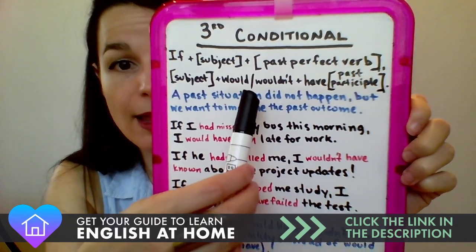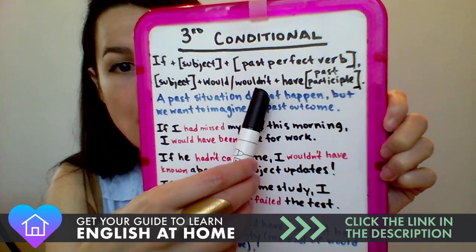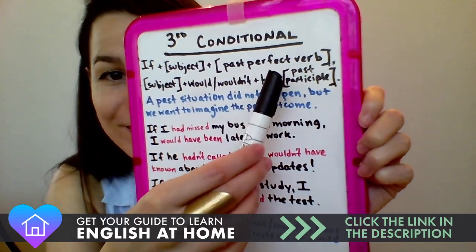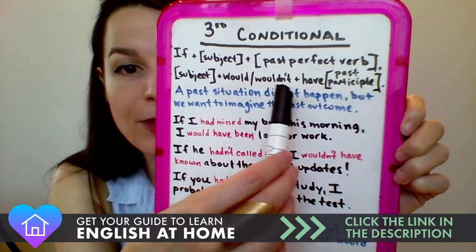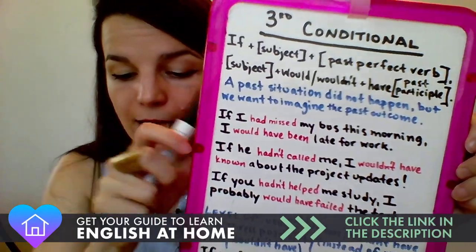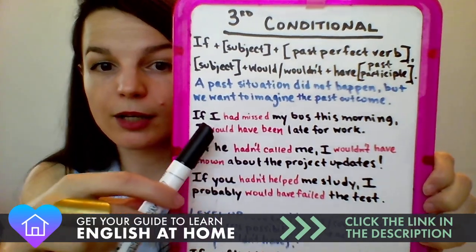Then in your main clause, subject plus would or wouldn't plus have and past participle. So this is really past perfect, but just so you can see. Past participle is a verb form that we need to study and memorize. So when do we use the third conditional?